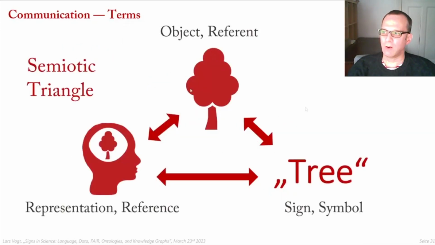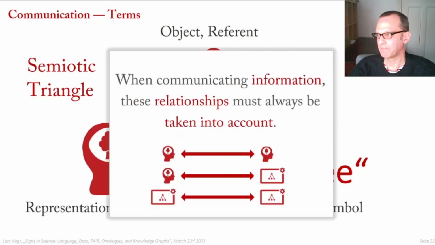And this also refers to something that you might have heard, the semiotic triangle, where we have the object, which is the real entity. We have the representation or reference, which are the cognitive representational artifacts. And then we have a sign or symbol, which in this case would be a textual representational artifact. So there is some connection here.